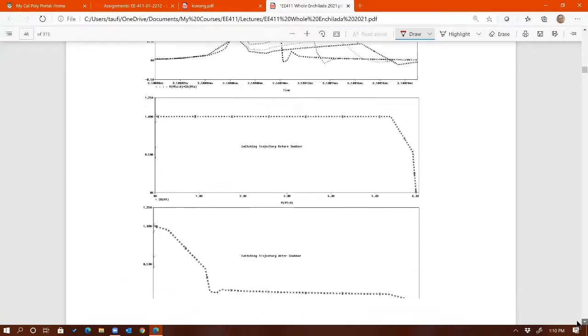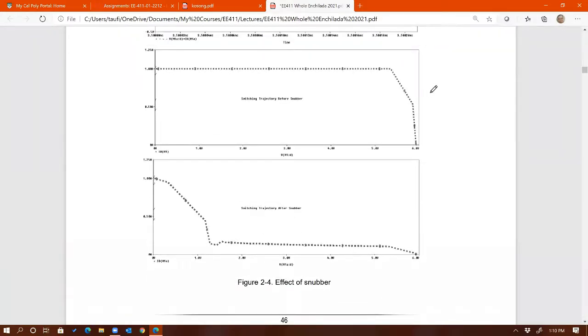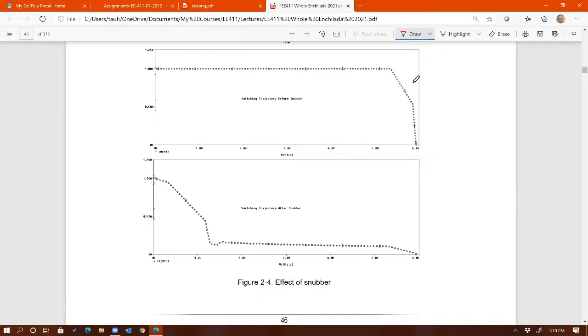Oh, switching trajectory too, right there. This is also interesting. One of the experiments we're going to do in the lab, maybe next week, is to obtain switching trajectory with ORCAD PSpice. Here is before snubber. Look at how square the switching trajectory is, and look at what happens after.